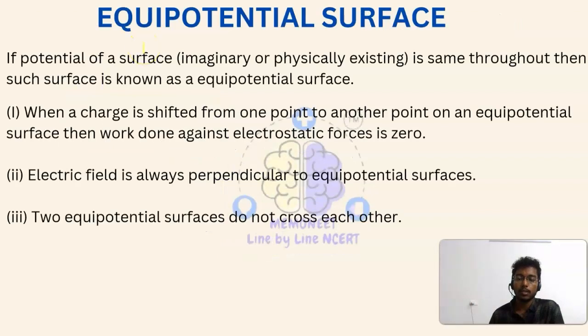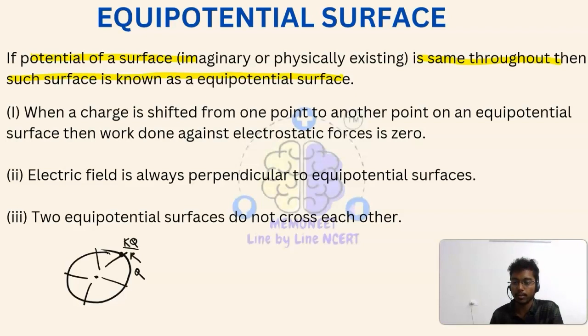Equipotential surface. If the potential of a surface, imaginary or physically existing, is the same throughout the surface, it is known as an equipotential surface. What does it mean? Let's say we have a circle where at each position the potential is equal, kq/r, with charge q and radius r.